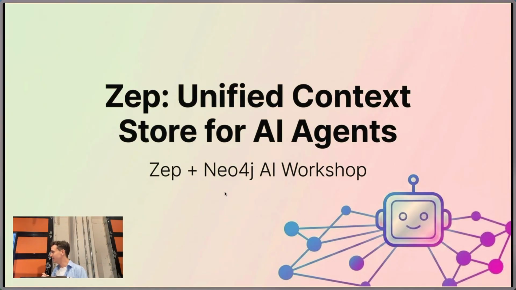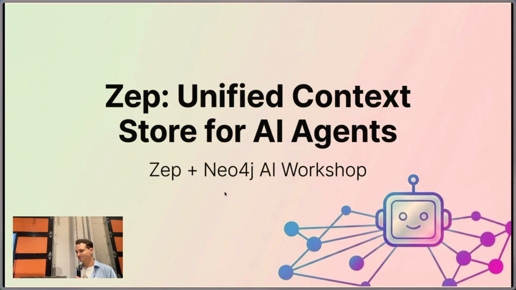So Zep, we are a context engineering platform, and we run on knowledge graphs. The reason is because we are aiming to make the knowledge graph the unified context store for AI agents.